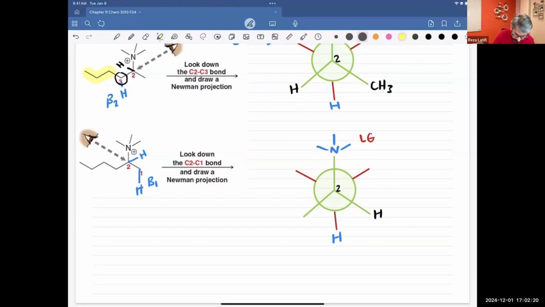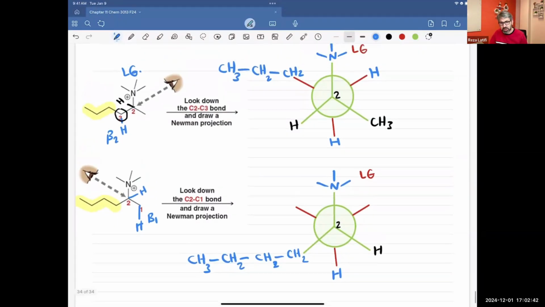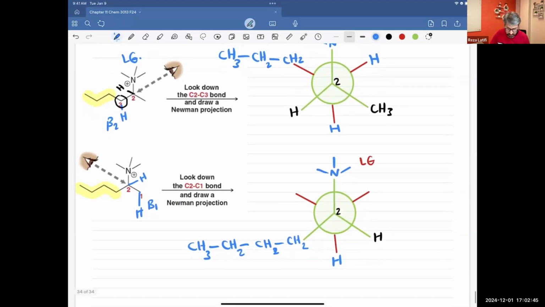Wherever again you want to put it is up to you. I'm going to put it on the left side, so I get CH2, CH2, CH2, and then CH3. So now I technically have a butyl instead of a propyl. And on carbon number 1, I have three hydrogens.